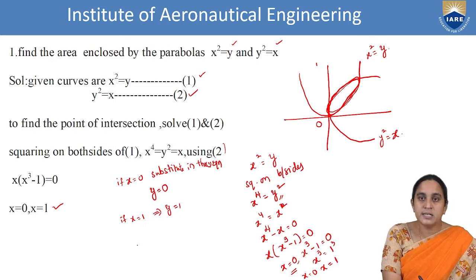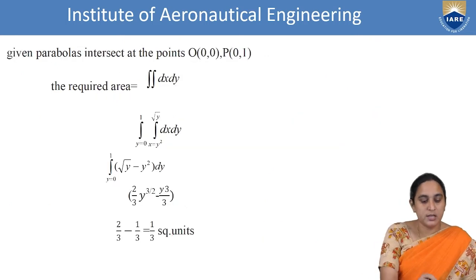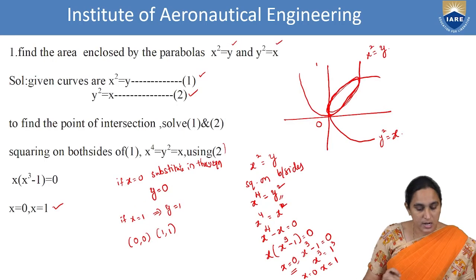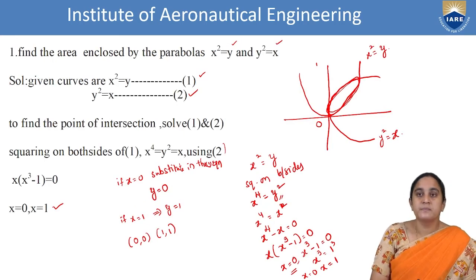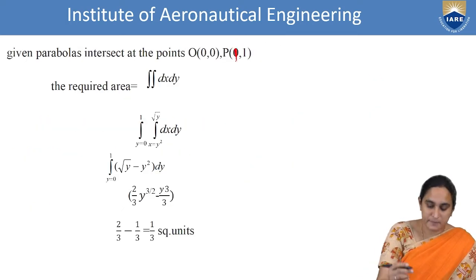Therefore, what are the intersecting points? 0, 0 and 1, 1 are the intersecting points. Okay, therefore the given parabolas intersect at the points 0, 0 and 1, 1.